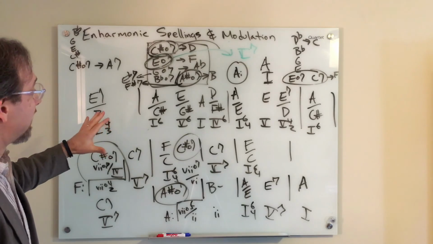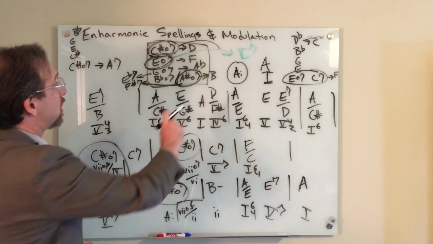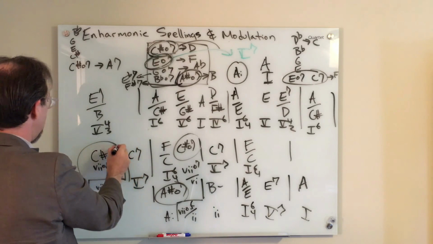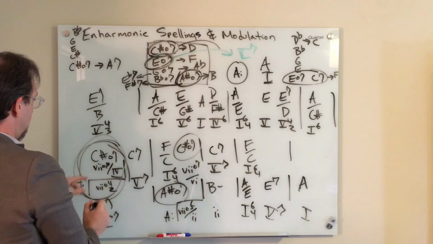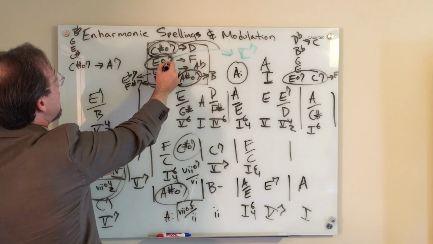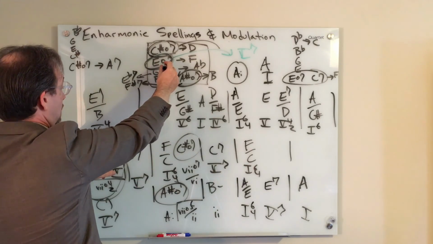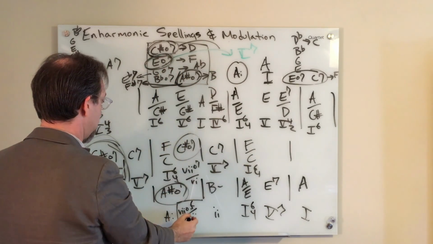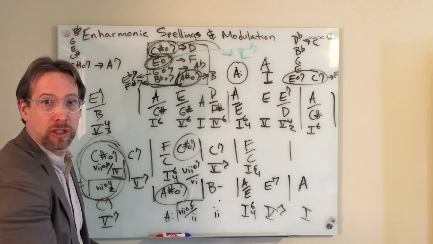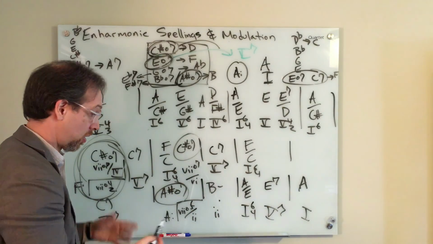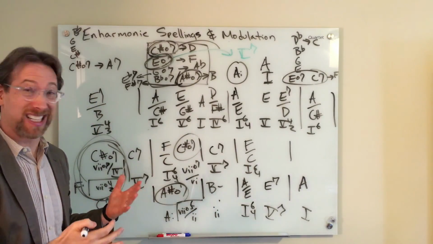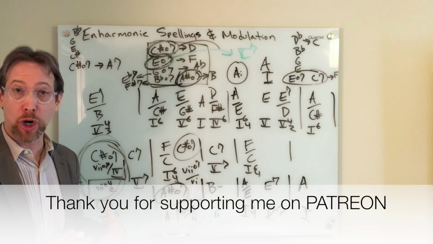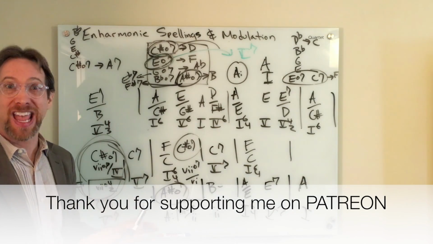But this is a great example of how we start in A major, we temporarily modulate to the key of F by reinterpreting the C sharp diminished 7 into an E diminished 7, and how we then take that and reinterpret that into an A sharp diminished 7 to get us back to the key of A major. So I hope that sounds as exciting to you as it does to me, because the possibilities that opens up for composing are just fantastic.